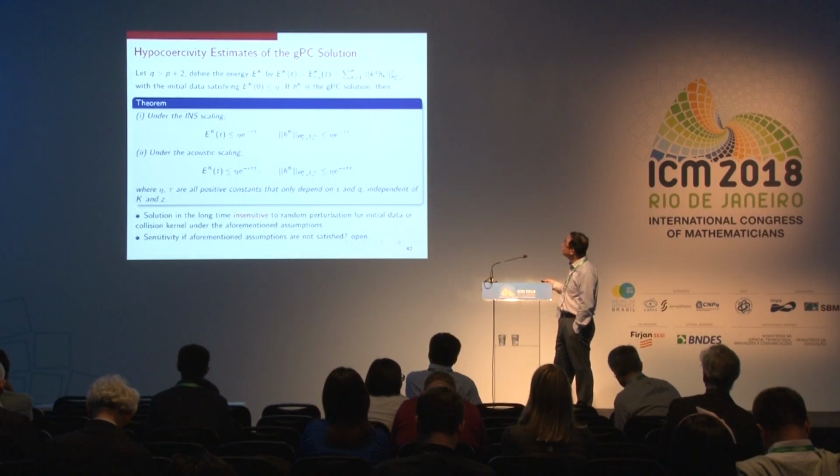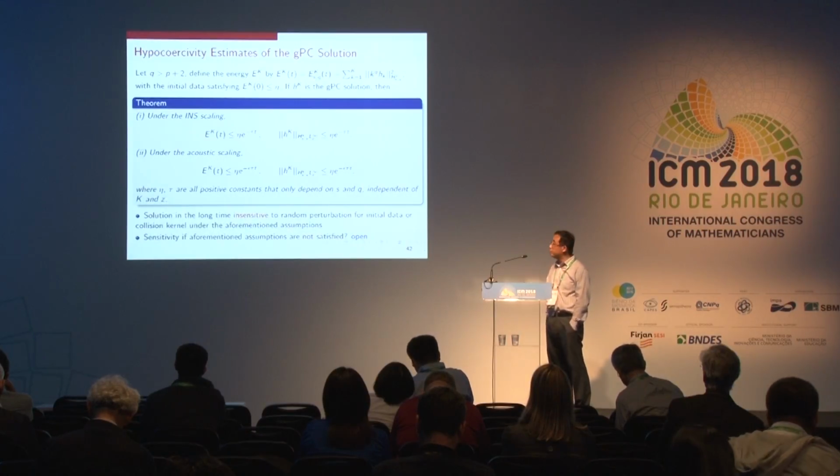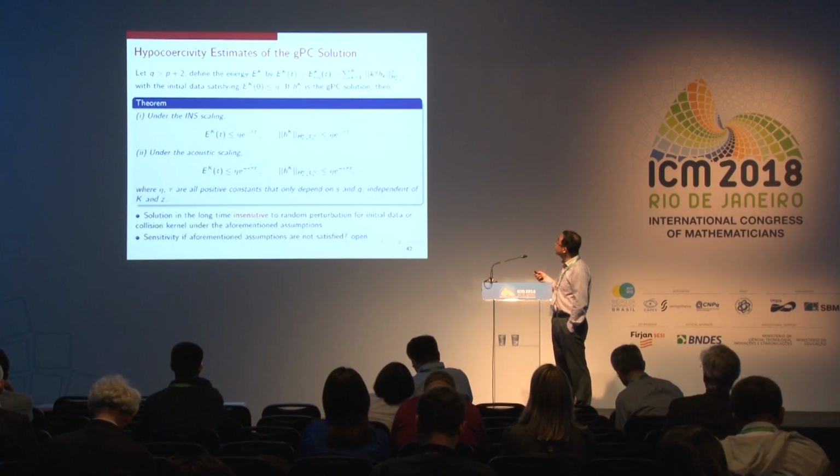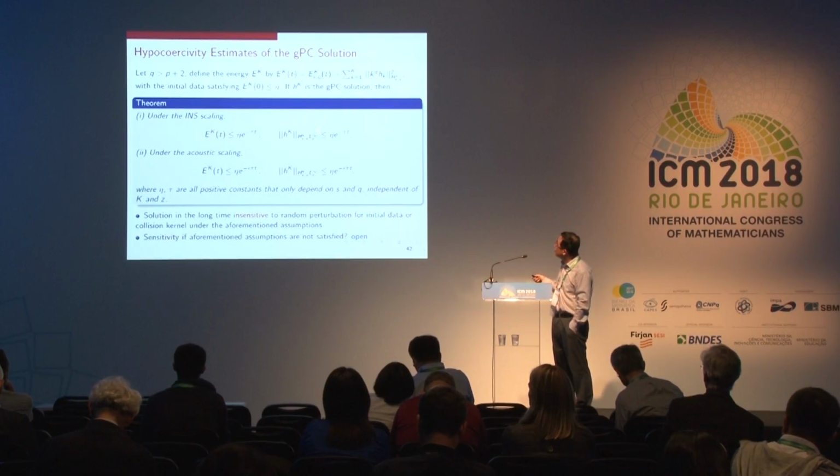So this is what we get. First, we also have hypocoercivity for the stochastic Galerkin system. You get this new weighted energy where we multiply by k to the q, and q is what you saw in the previous slides. Then this numerical energy also has exponential decay.